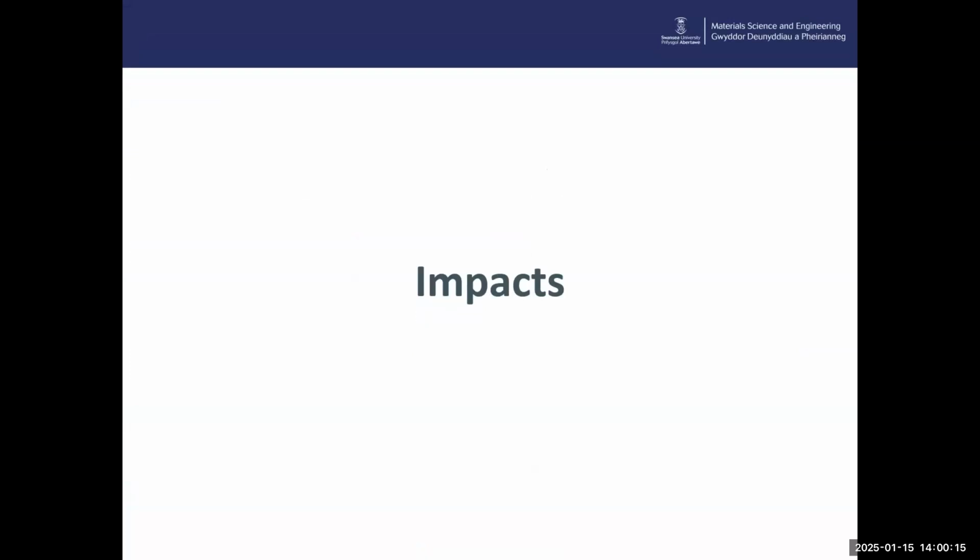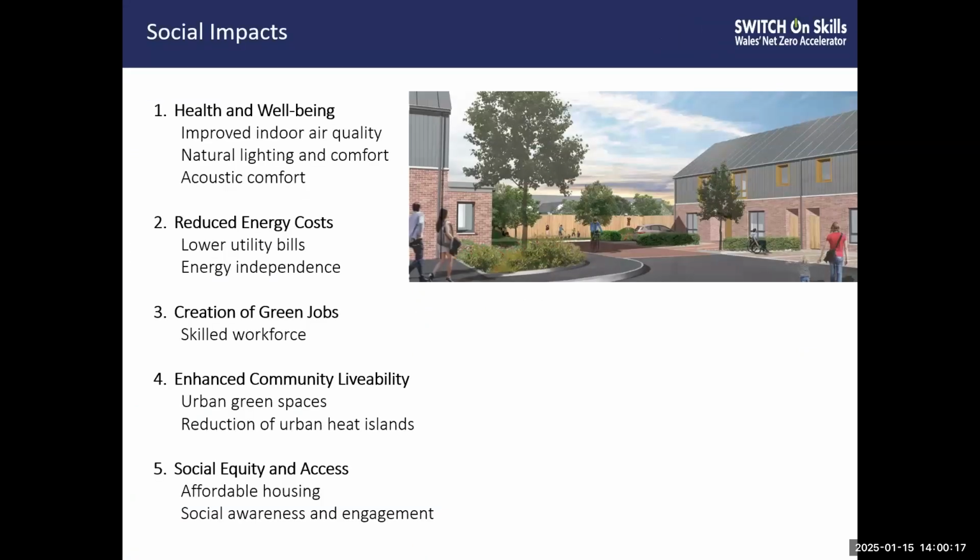Okay, let's go to impacts. So some of the social impacts that we're starting to see from active buildings: improved health and well-being. So the air quality can be better. We can have better and improved natural lighting and comfort. We can have acoustic comfort as well.